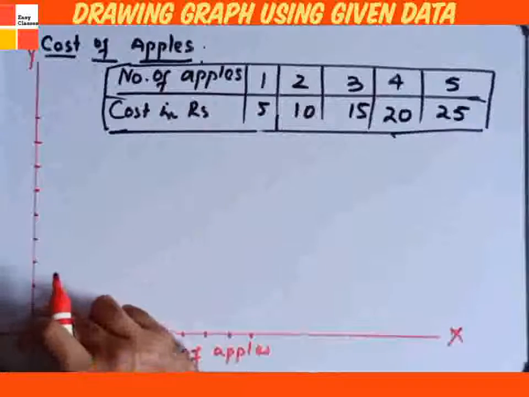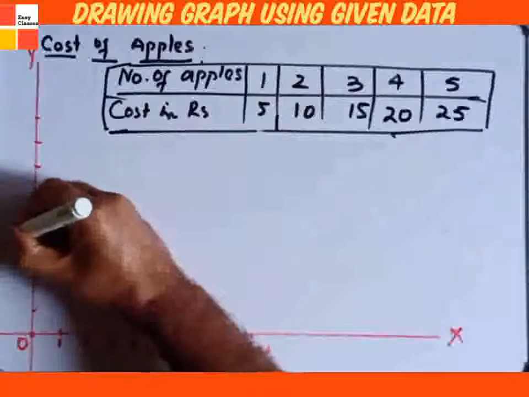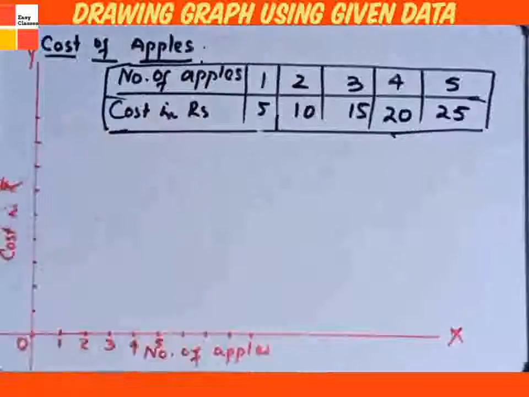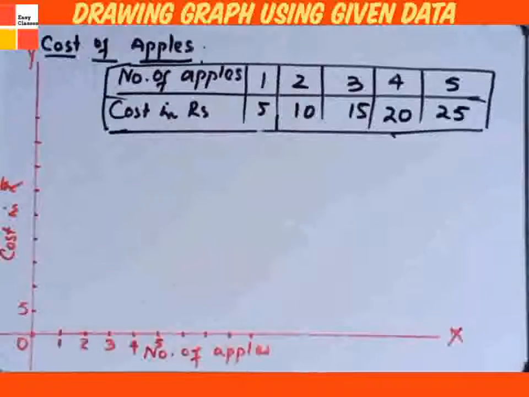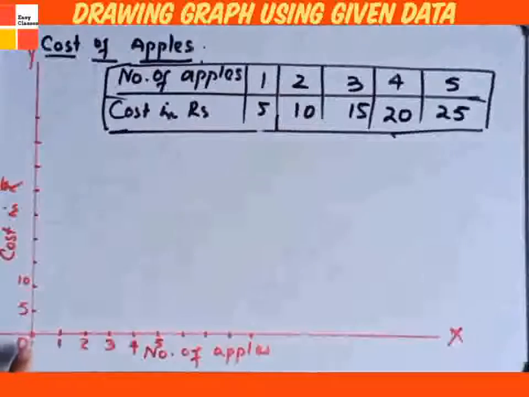Then here 2 centimeters is equal to rupees 5. So this is cost in rupees: this is 5 rupees, 10 rupees. Here it will be 0 apples, 1 apple, 2 apples, and here it will be 0 rupees. Then somewhere in between it will be 2.5 rupees.